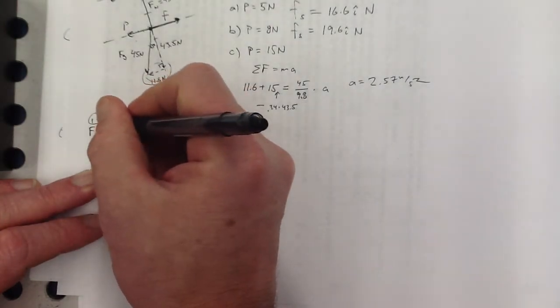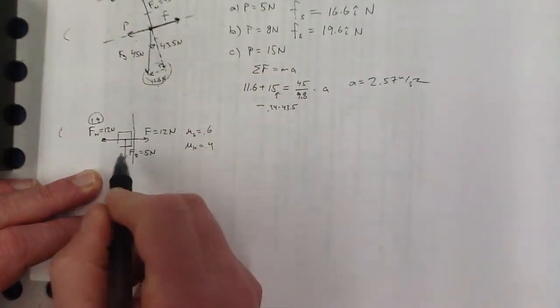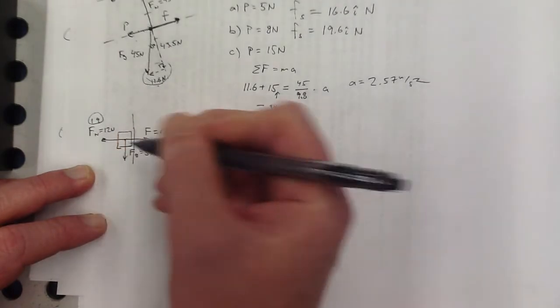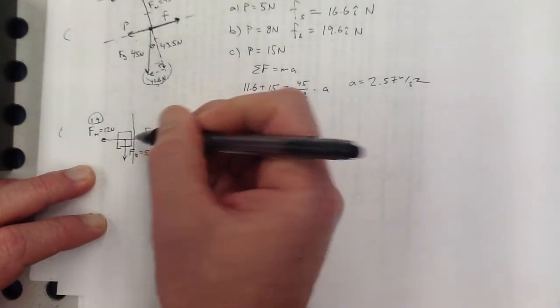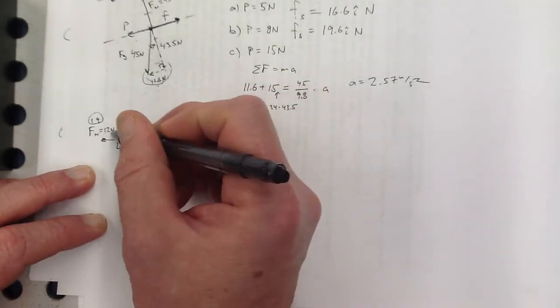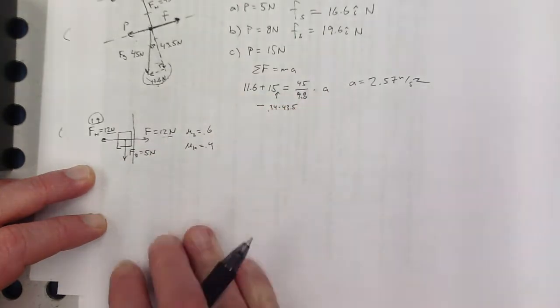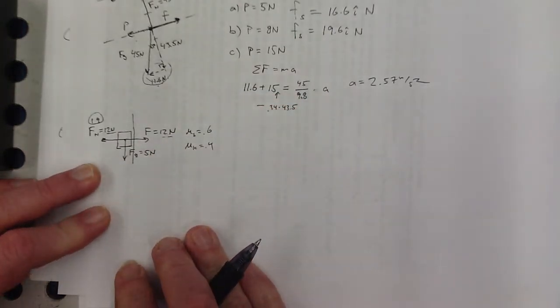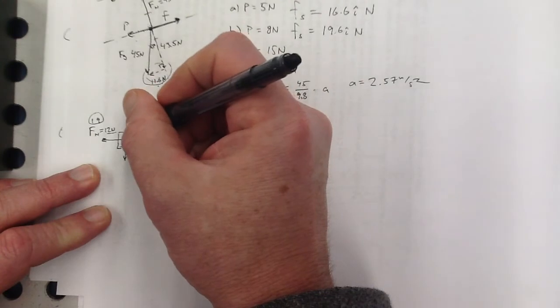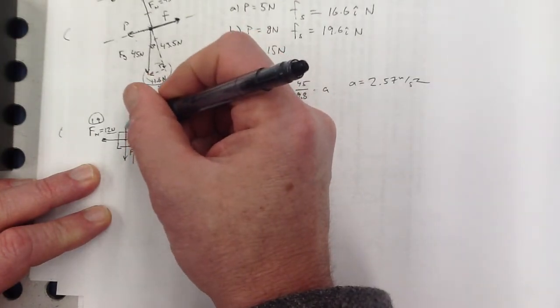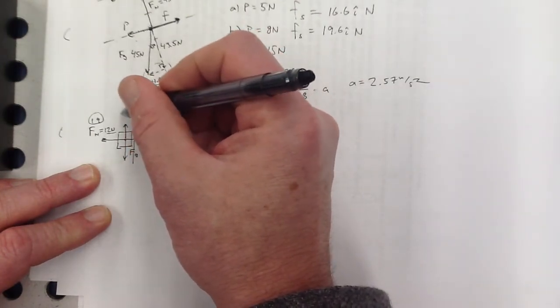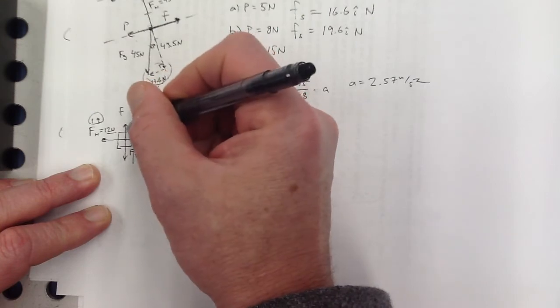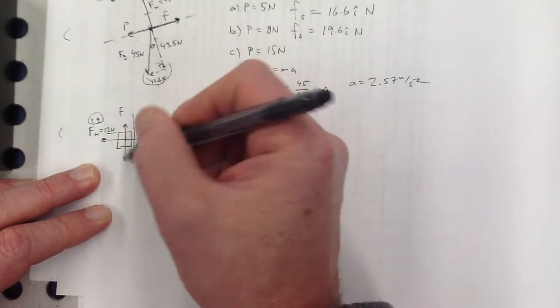So for sure, if you've ever pushed a block against a wall, those forces will balance each other. And this force of friction is going to be up, because it's either going to try to balance the forces or oppose the direction of motion.